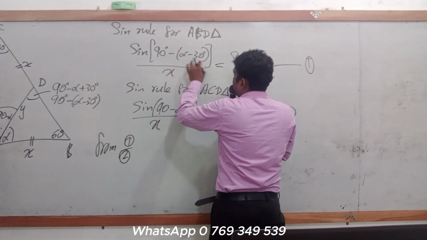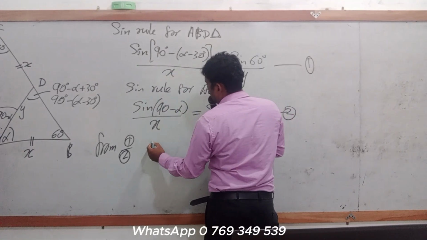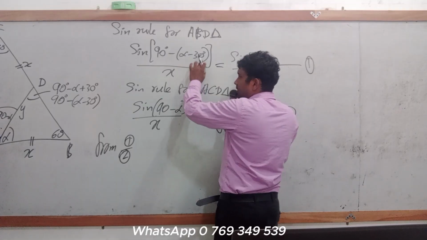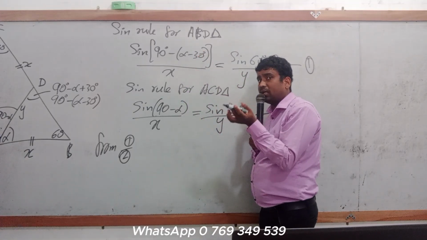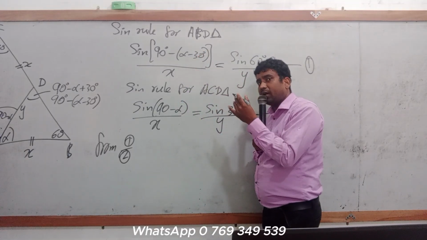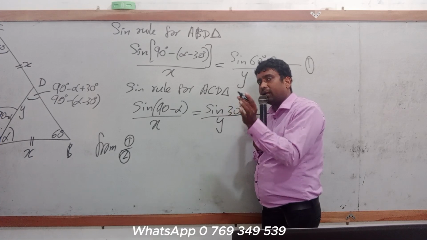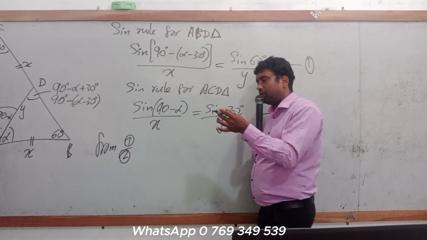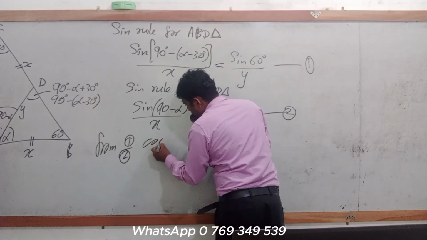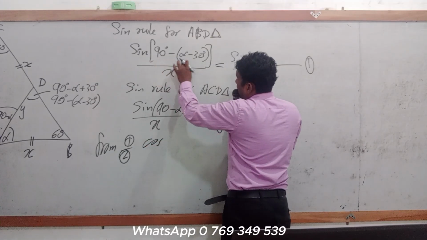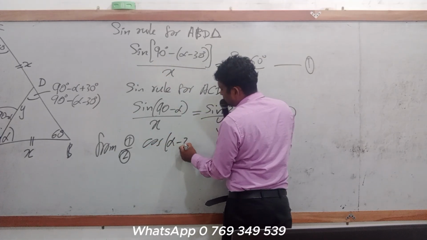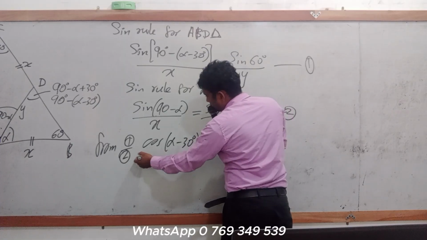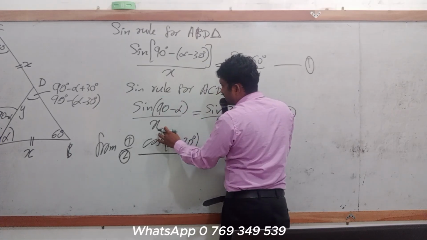Here sine 90 minus alpha minus 30, we know sine 90 minus theta equals cos theta. Then we can say directly cos alpha minus 30. Right? And this x cancels.